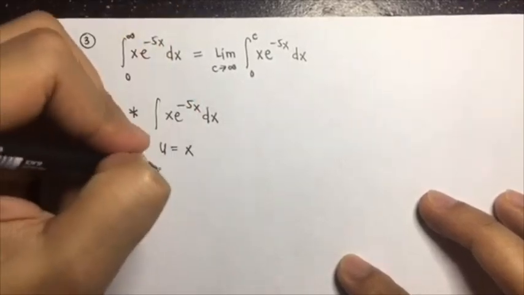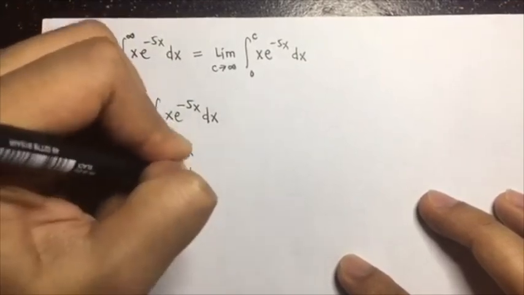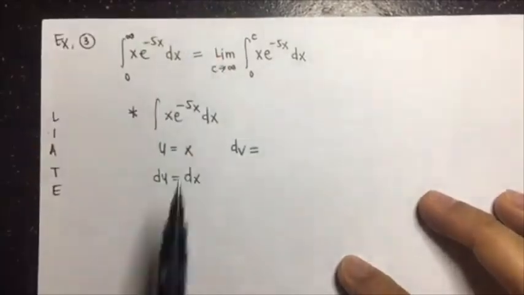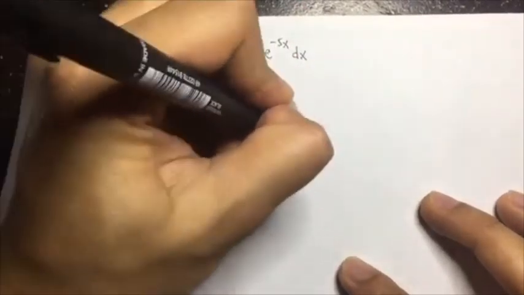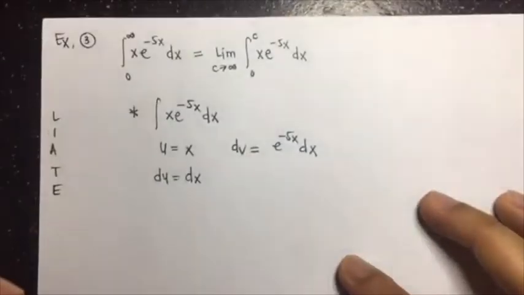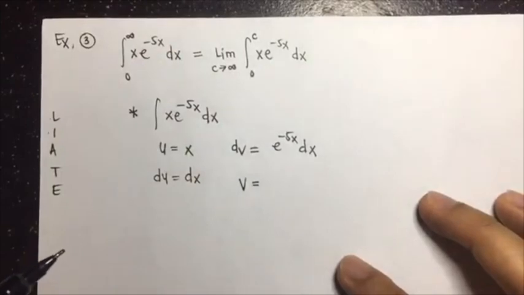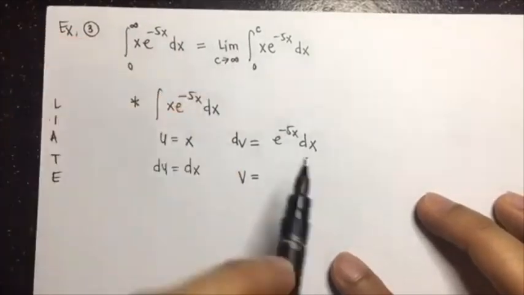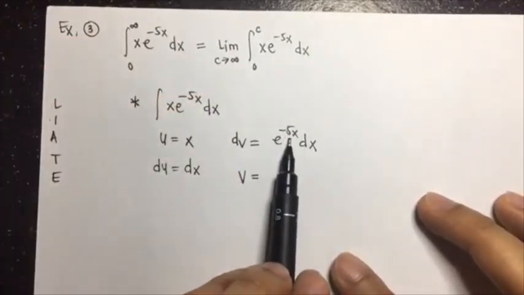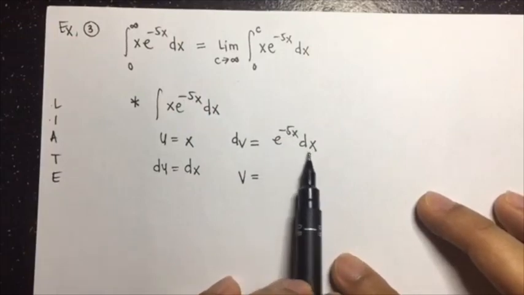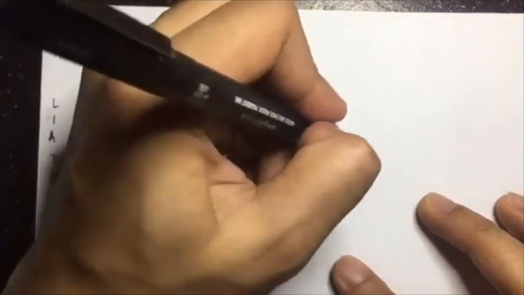Therefore du is equal to dx. Our dv is e to the negative 5x dx. So therefore its integral v has a negative 5 here. To complete the integral we have to put negative 5 in the dx, so outside the integral sign we must put negative 1 over 5.